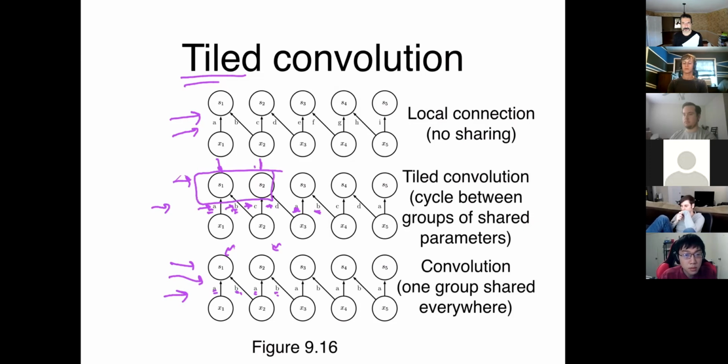They are not dependent on the same parameter. S3 and S4 again as well, but this block also depends on the same parameters A, B, C, D as this block, right? So it's useful if you want to remove correlation between neighbors of your output with the tile, and with a different size of your tile, you can increase from 2 to larger sizes, right? So you have control on the size of your tile in this case.